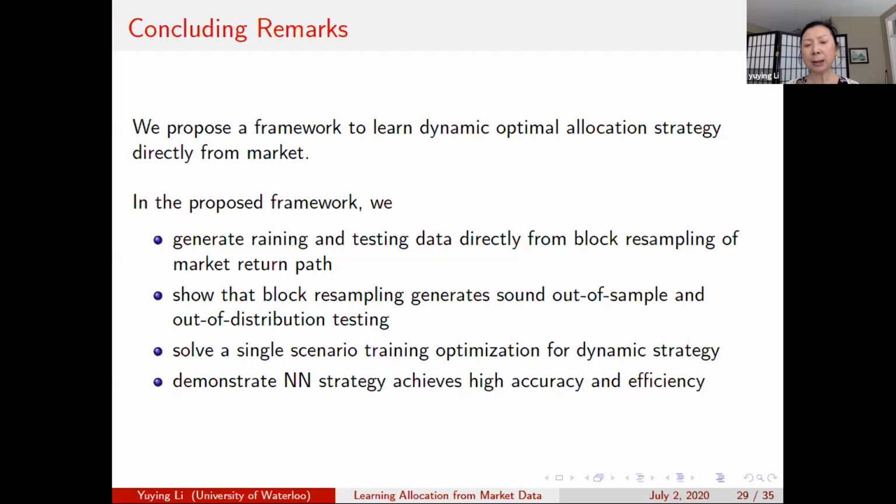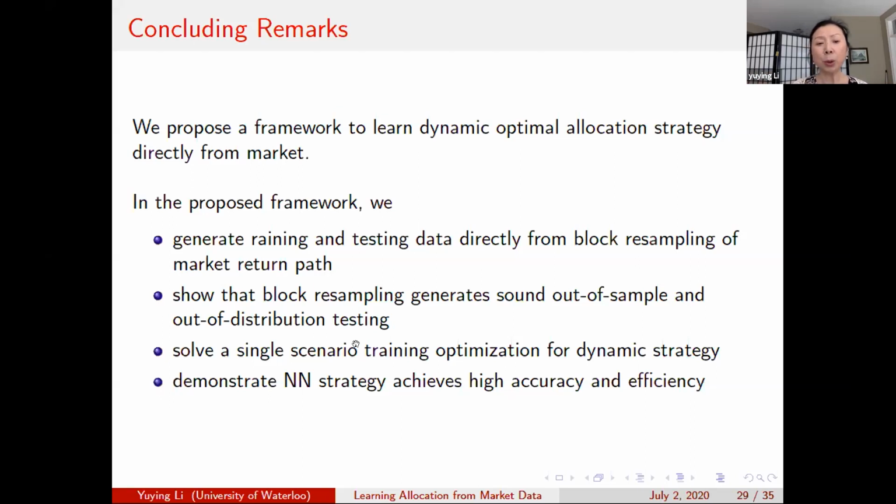And we look at this learning framework in terms of training data generation and testing data generation. And we provide some kind of mathematical assurance in the sense that, using this approach, we are indeed performing out-of-sample testing and out-of-distribution testing as well, right?